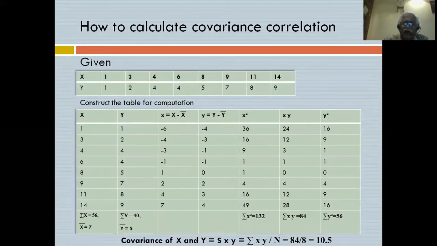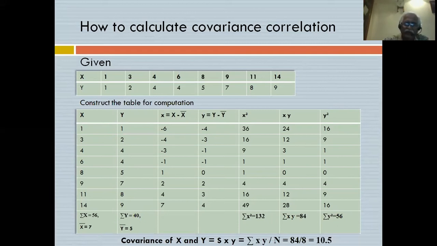Now, how to calculate covariance and correlation. First you see the data. X is 1, 3, 4, 6, 8, 9, 11, 14. And the corresponding y is 1, 2, 4, 4, 5, 7, 8, 9.